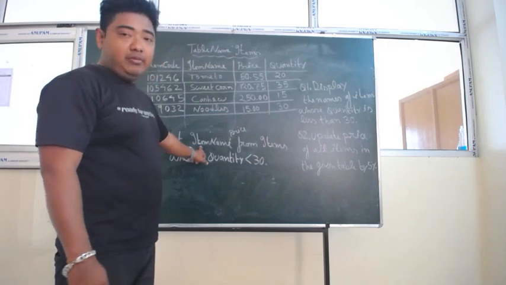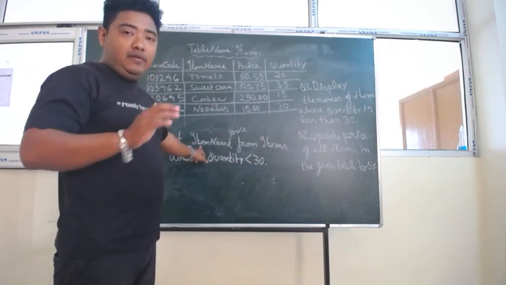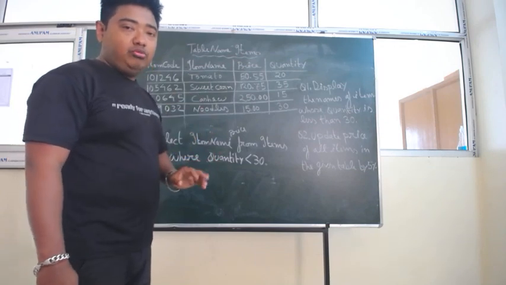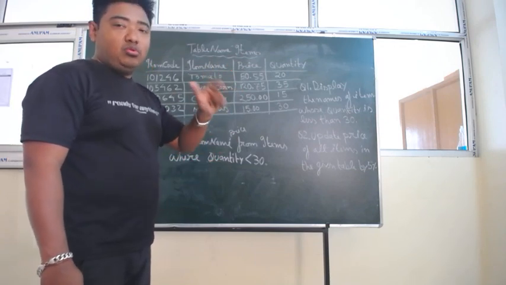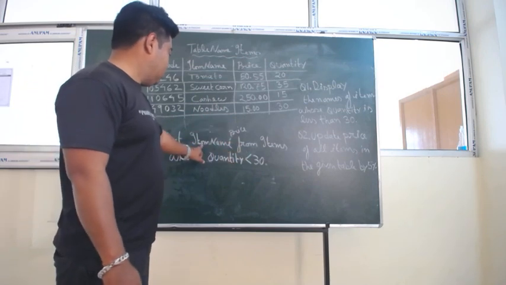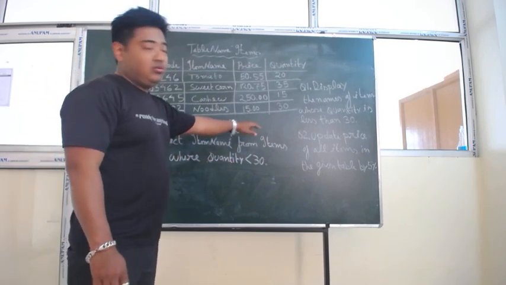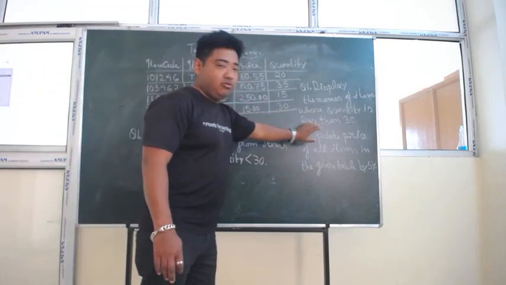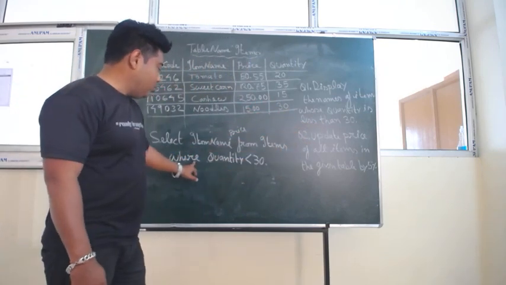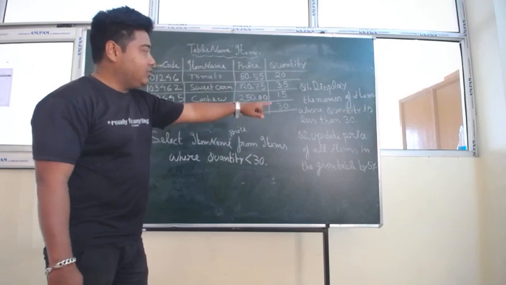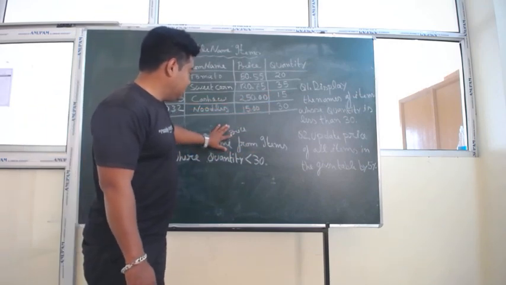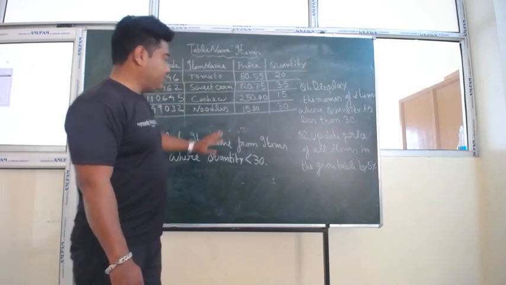So if all the records are needed, then you have to use star. If one or two columns are needed, then write only item name, price, like this. And the condition you have to write only after where. Here the condition is quantity is less than 30. So this is the first one.